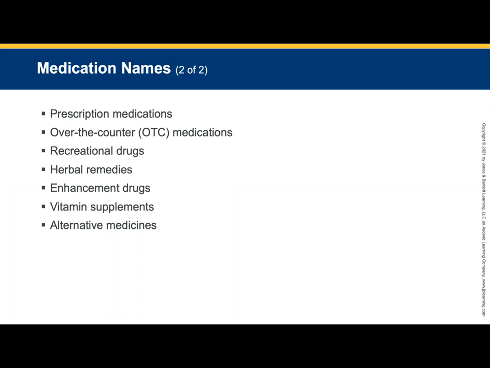All right, OTCs, over-the-counter meds, that's cool. Recreational drugs are not the ones I'm going to use to go out and play sports. We're talking more like the heroin and the cocaine. You can have some of your herbal remedies. Prime example, I'm an essential oil fan.